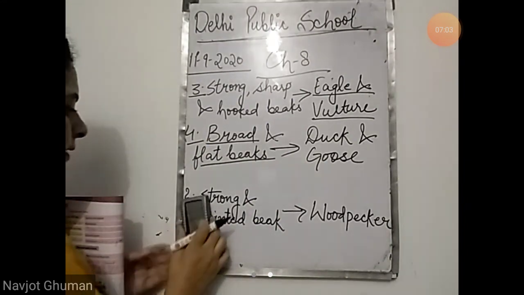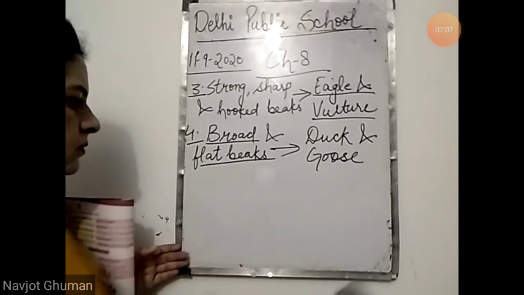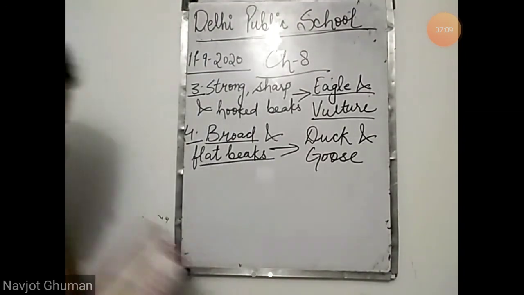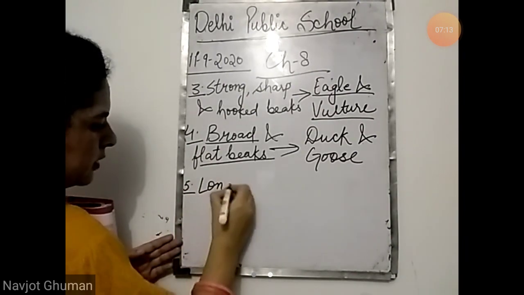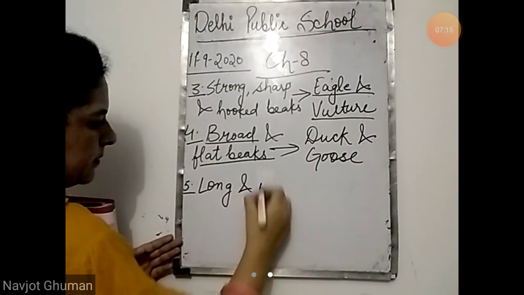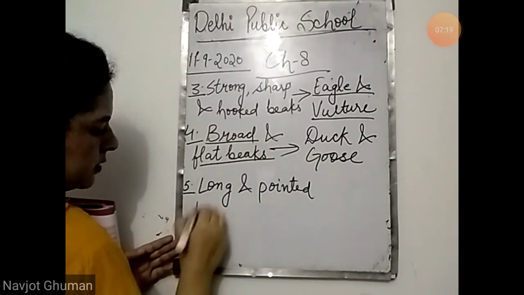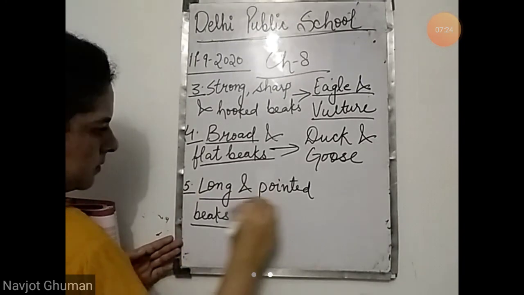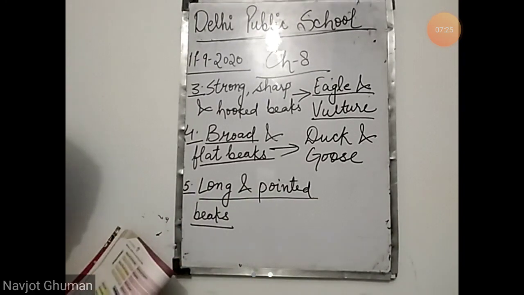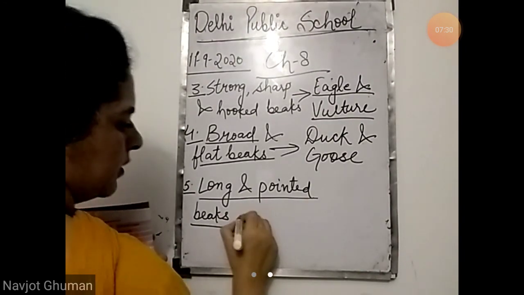Next, last is long and pointed beaks, sunbird and hummingbird on the right hand side.